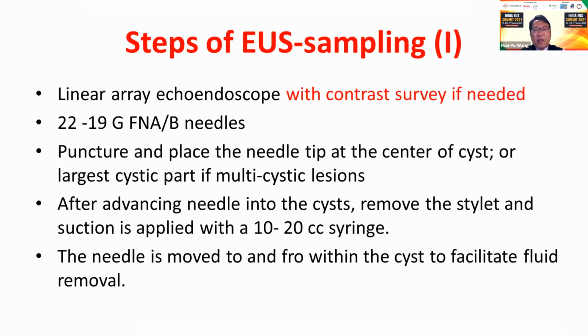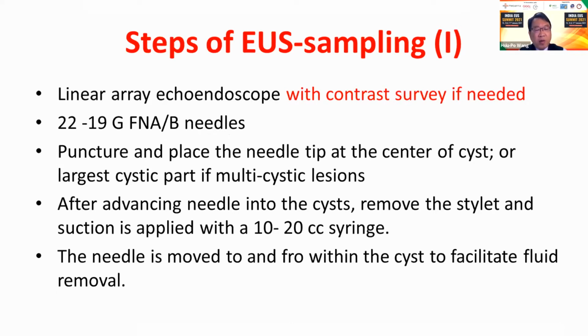For the steps of EUS sampling in our unit, we use the linear echo endoscope, usually with contrast before the puncture. And we use a 22 to 19 gauge needle for puncture.